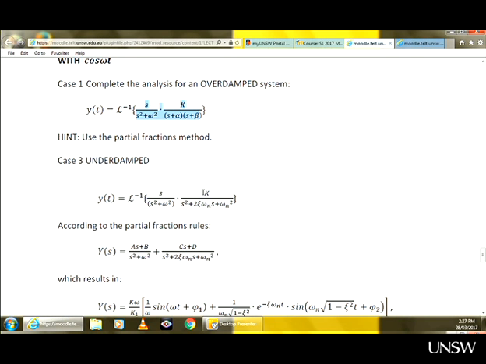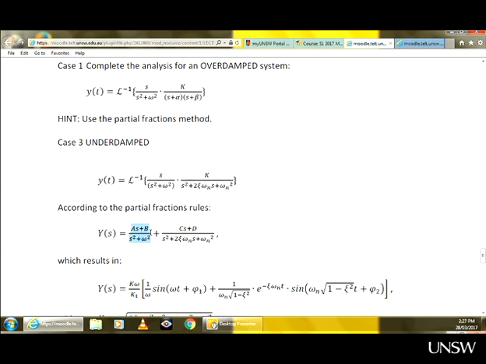Instead, we are going to analyze an underdamped system. So also, the input is going to be a cosine, but the system is underdamped. Again, a case like this does not exist in the tables. So partial fractions, remember how to do it. The first denominator is second order.